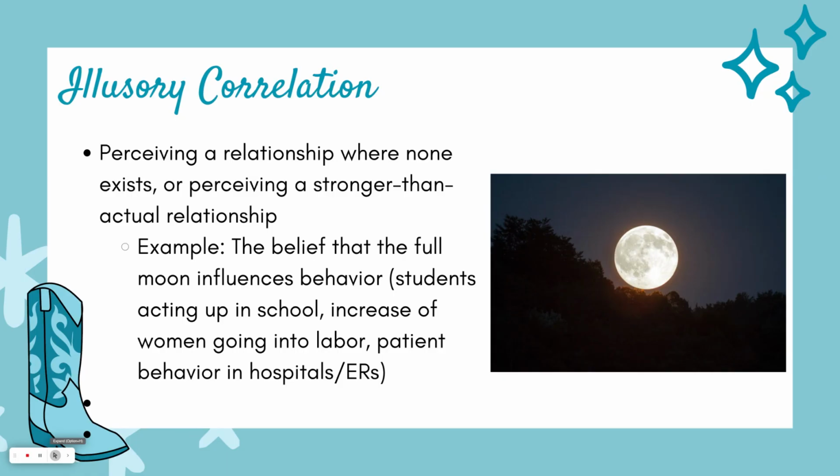So, for example, if we ask people about the impact of a full moon on behavior, there are lots of people that believe that full moons lead to people acting up, being weird, going into labor, that we get more patients or weird behavior coming into hospitals or to ERs. So that might lead people to say, oh, full moons cause people to act a certain way. When in fact, it could just be coincidental, or that relationship may be less strong than what people believe.